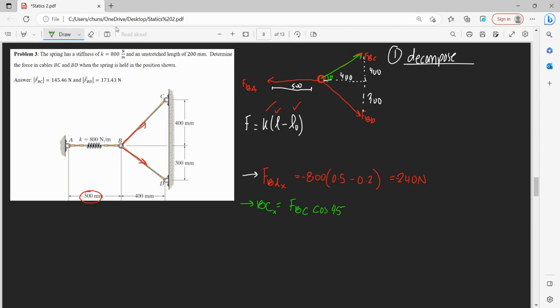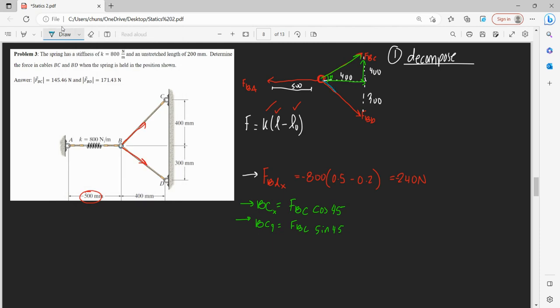And FBCY is FBC sine 45. Both of these components are in the positive x and positive y directions.